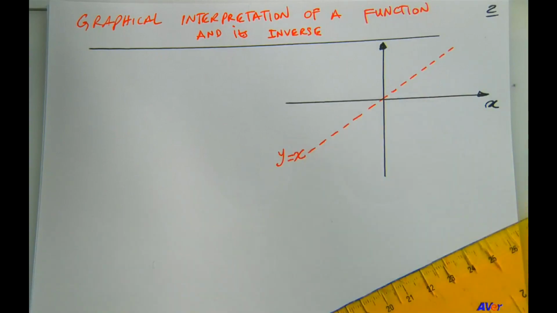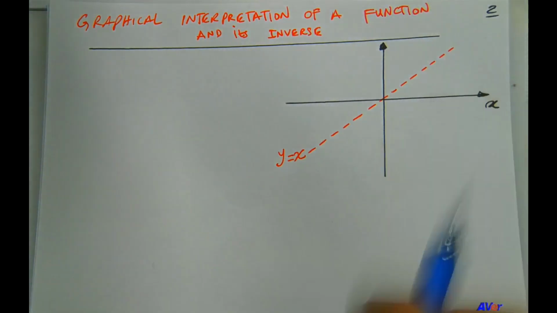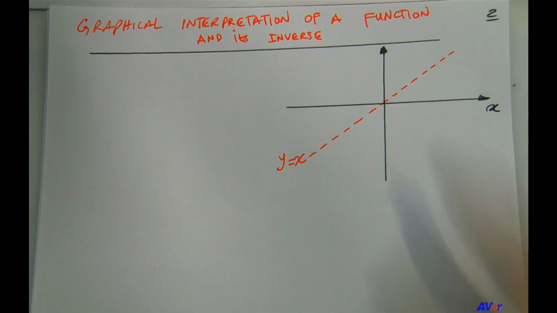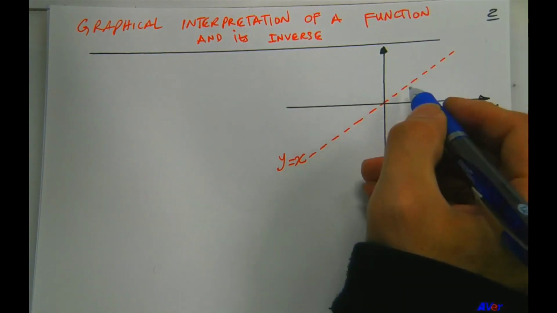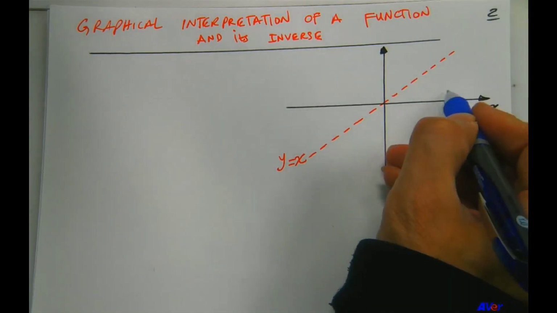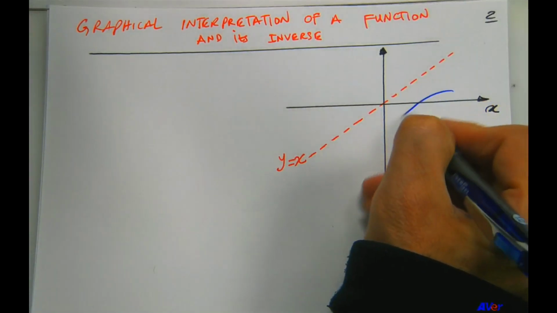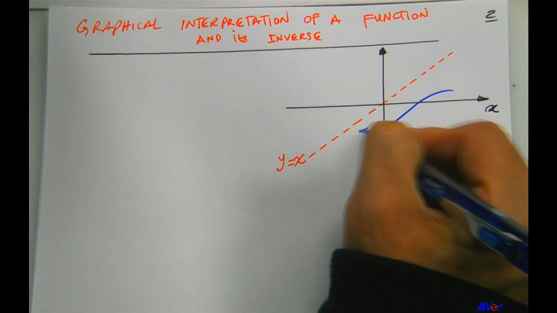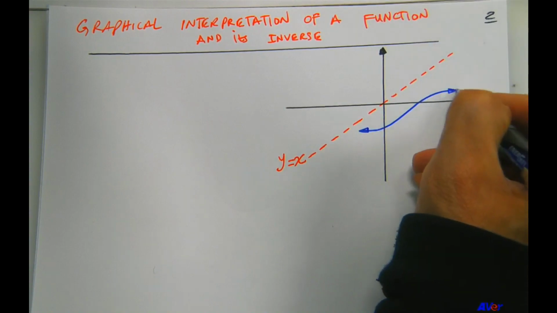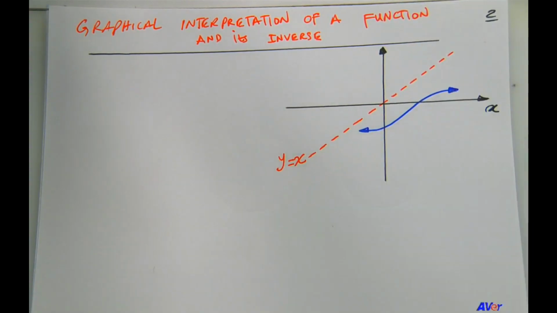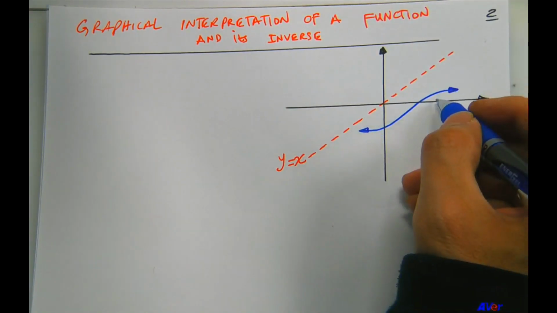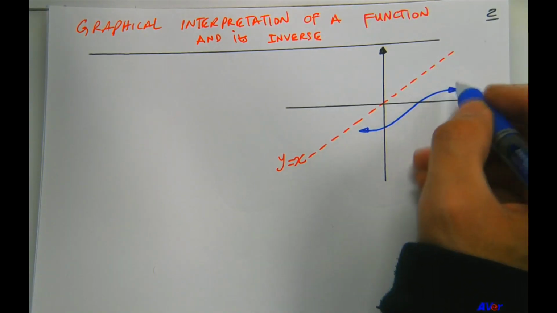So if we have a function that graphs like this, let's just assume something like that, and let's call this f of x.